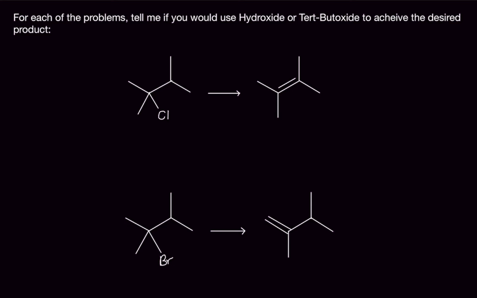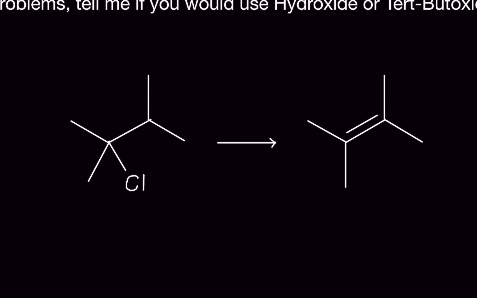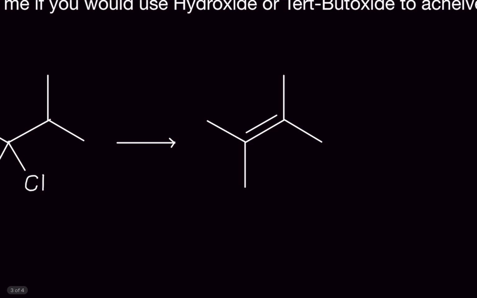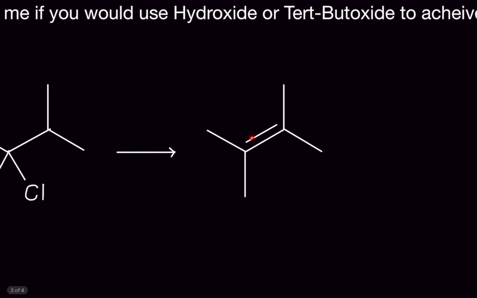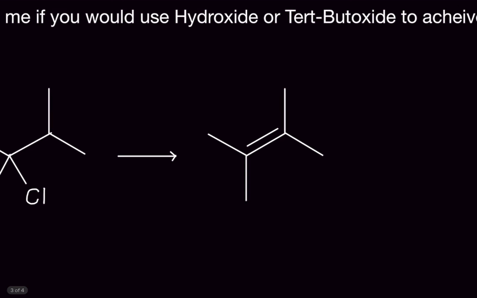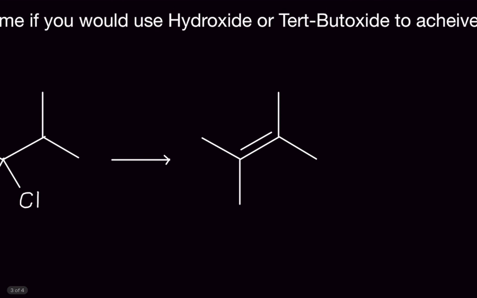So let's look at the first one. Here we see we have this original molecule, and then we get this final molecule. You will notice that this alkene has how many substitutions? Like how many R groups does it have? It has 1, 2, 3, 4. You cannot get higher than 4. 4 is the max, right? Because this carbon can only have 4 bonds, and this carbon can only have 4 bonds.